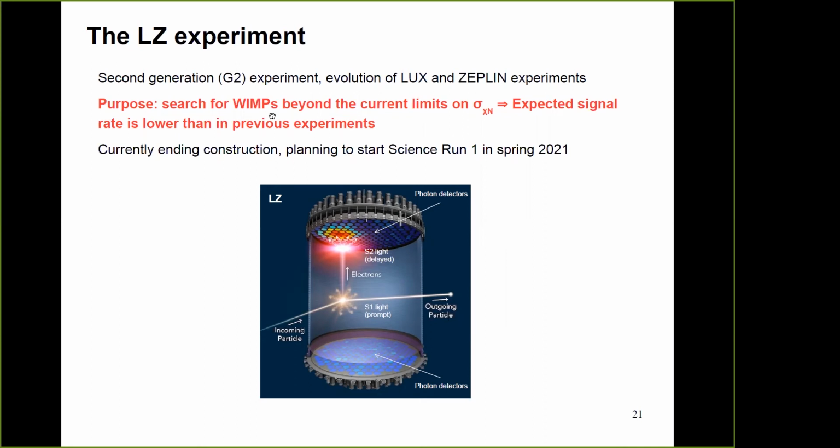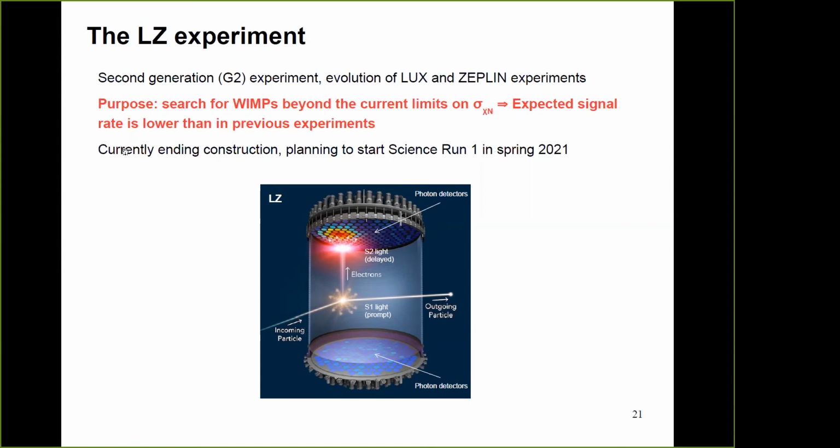The purpose of this experiment is to explore even weaker couplings of WIMPs that are not yet excluded. So we want to explore signals with smaller rates than before. This is important to understand the experiment: we want an experiment that is sensitive to lower rate signals.